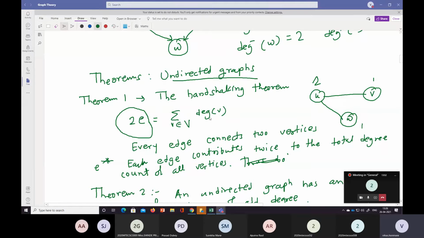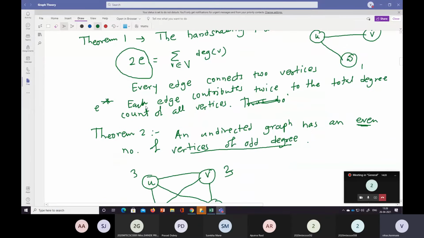The summation of the degrees of all vertices is 2 plus 1 plus 1 is equal to 4, and the edges are 2, so 2 into 2 is 4, which is equal to 2 plus 1 plus 1. So hence we prove the handshaking theorem. Such examples will be there in your exam to prove the handshaking theorem. Each edge contributes twice to the total degree count of all vertices.